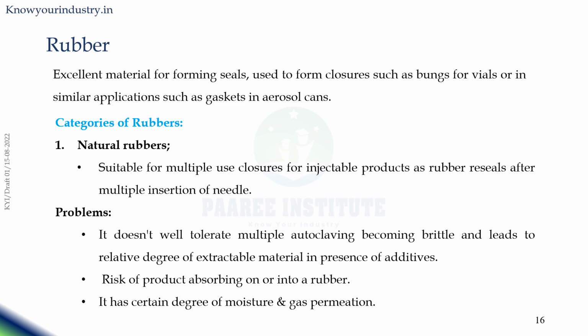The problems we normally see are that sometimes it becomes brittle over a period of time, and there is a risk of product absorption, which is nothing but extraction or leaching. It has a certain degree of moisture and gas permeation too.